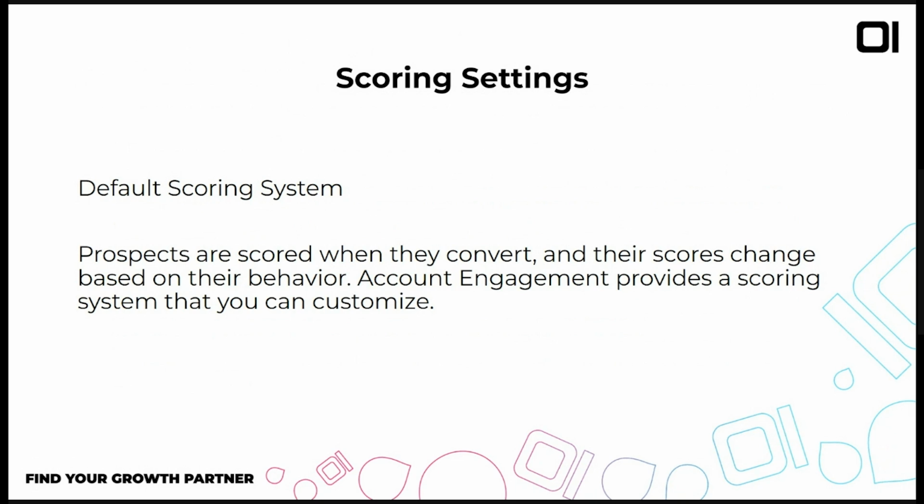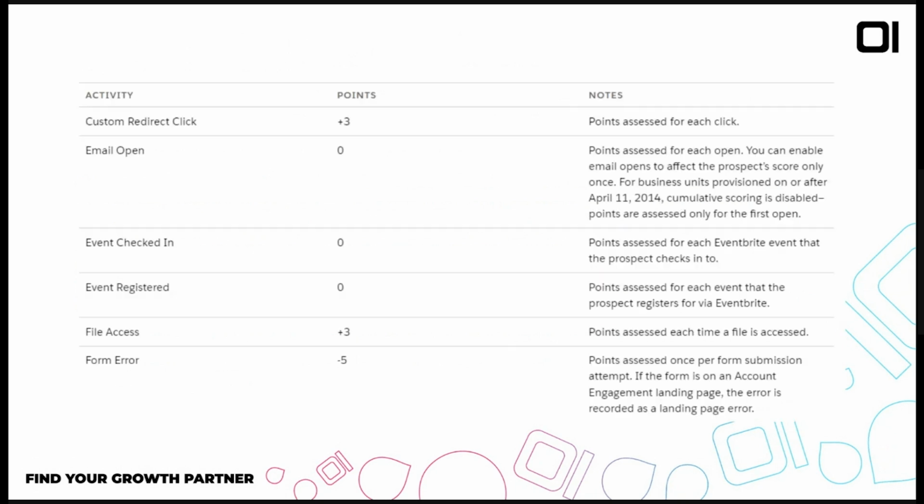These are the scoring rules in your org where, when prospects convert, their scores change based on their behavior, meaning their activities on their prospect record. Account engagement provides a scoring system that you can also customize. This is only some of them. I did not list everything, but it's important that we understand that there are scoring settings.